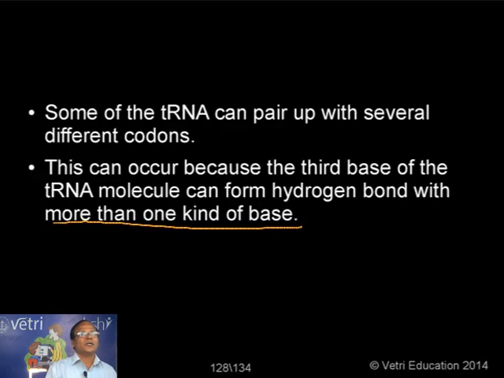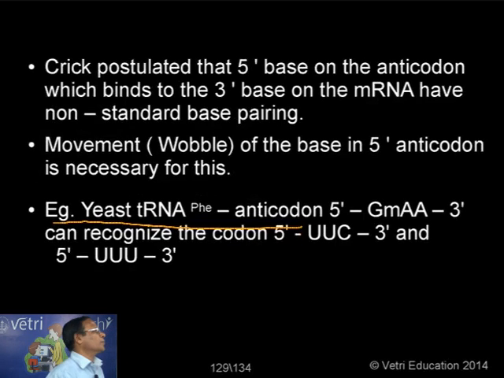So some tRNA can pair up with more than one codon. The third base of the tRNA anticodon can form hydrogen bonds with more than one kind of base of a codon. This is what we call the wobble hypothesis.